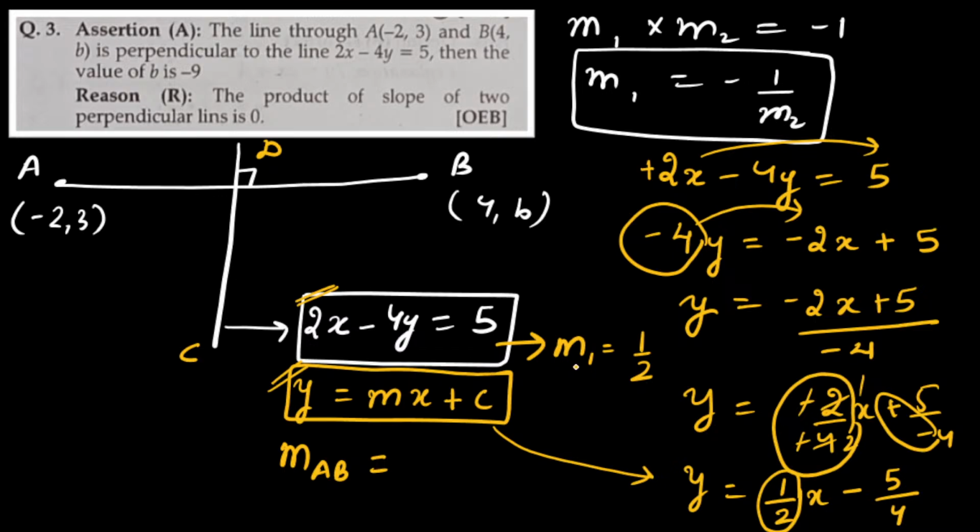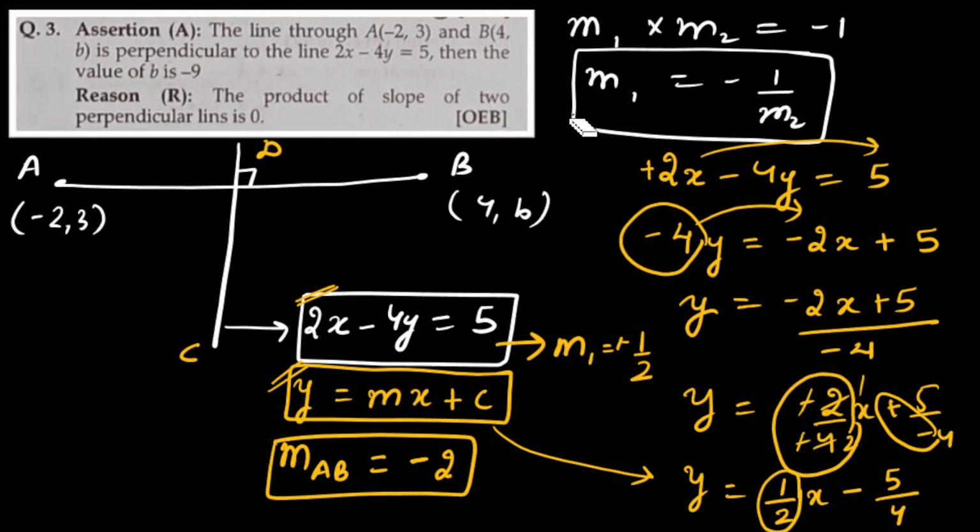So what is the slope of AB? It's the negative reciprocal. If this is positive, here you have to write minus. Now the reciprocal of 1 by 2 is 2 by 1, which I can write as 2. So minus 2. Monish has given the answer minus 2. The slope of AB is equal to minus 2.